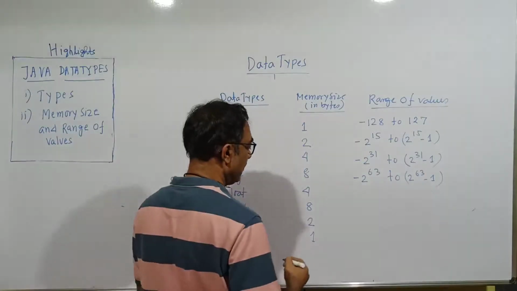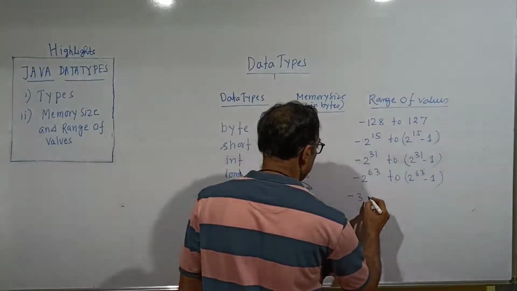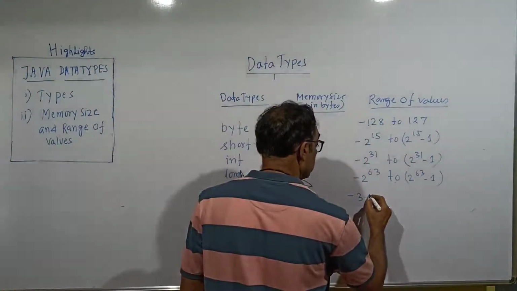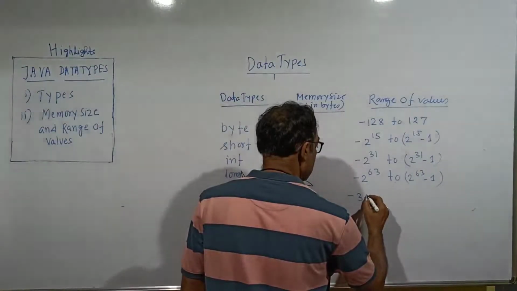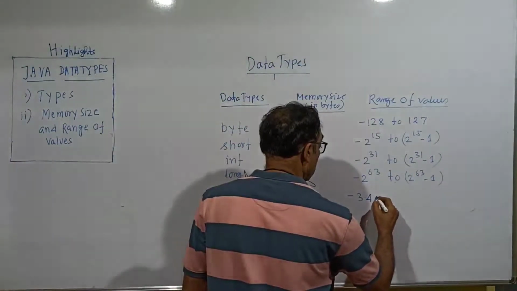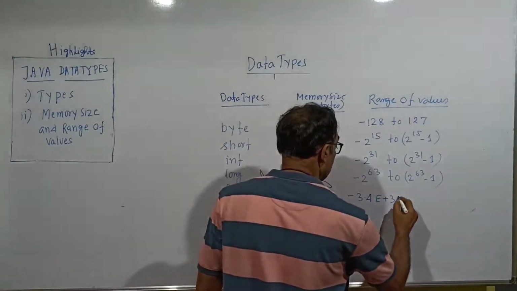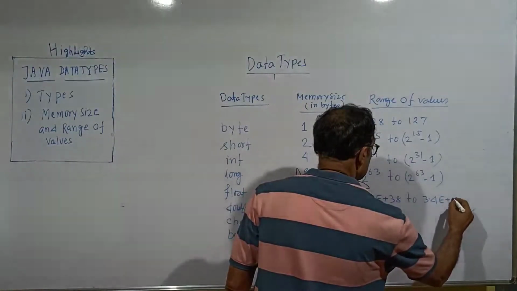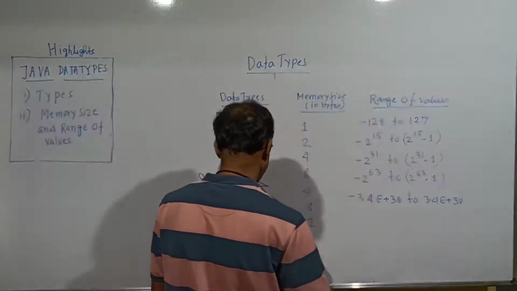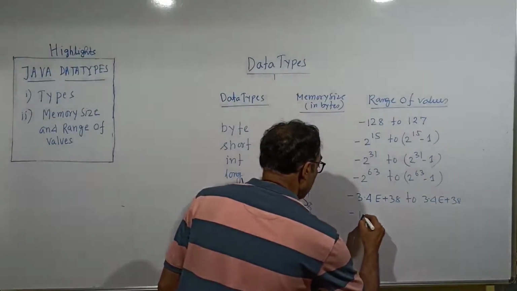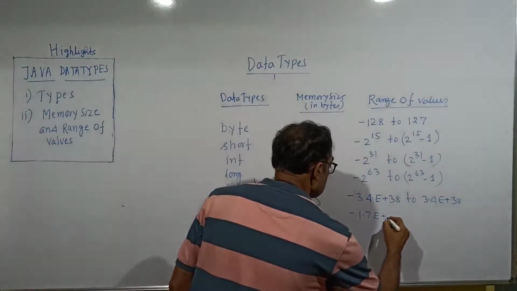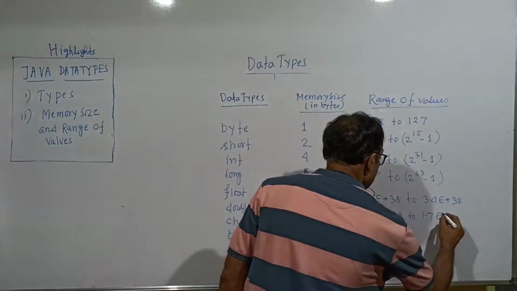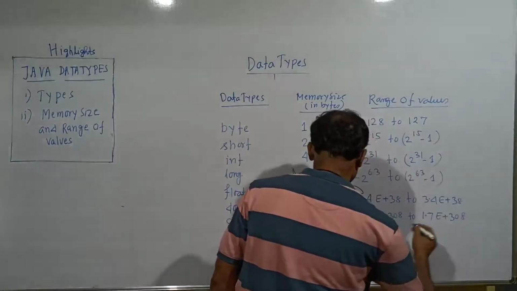For float, it is -3.4 e plus 38 to 3.4 e plus 38, and for double it is -1.7 e plus 308 to 1.7 e plus 308.